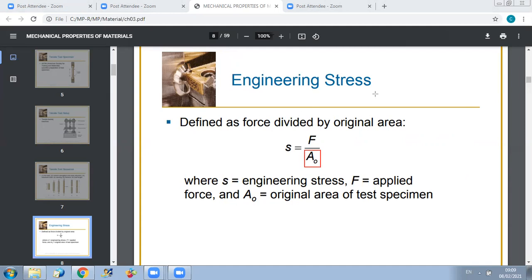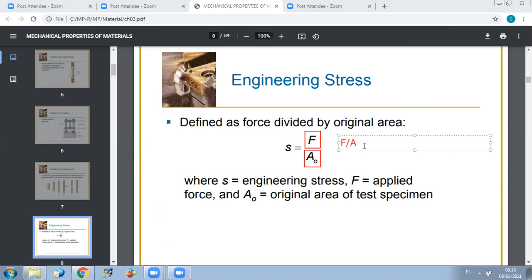If you want, the engineering stress is directly proportional to the applied force. So when you have the curve of engineering stress, it is the curve of force variation. While the graph of true stress is the force applied over the actual cross-section area of your specimen.